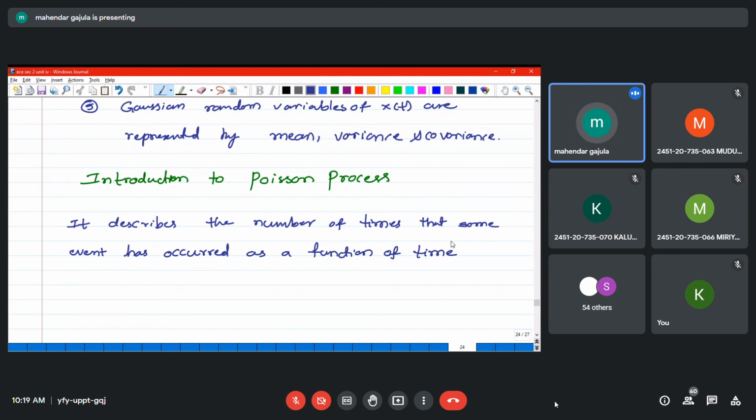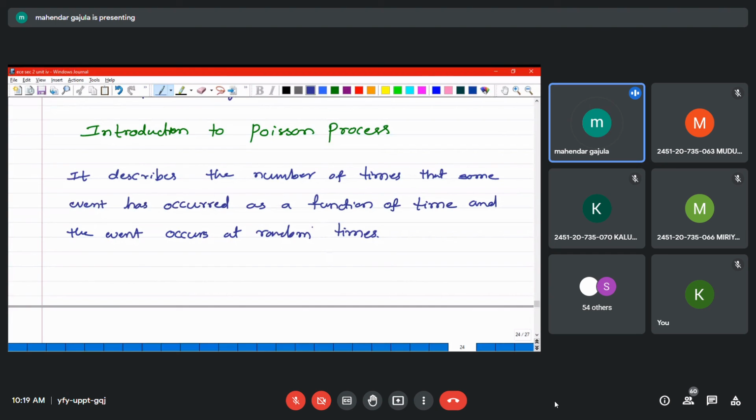If you include function of time, that Poisson random variable becomes a Poisson random process. So as a function of time, and the event occurs at random times. So for these cases, we use Poisson random process.